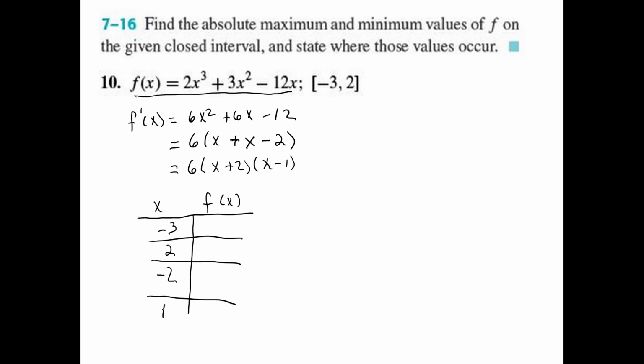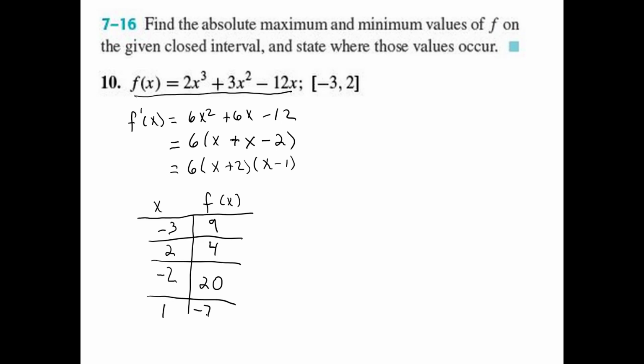And you put in -3 and the calculator tells me 9. You put in 2, the calculator tells me 4. And you put in -2, the calculator tells me 20. And then you put in 1 and the calculator tells me -7.